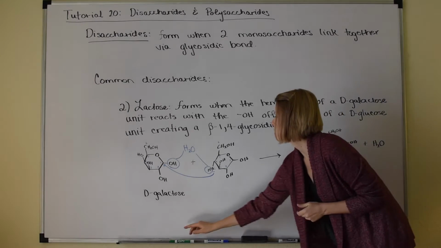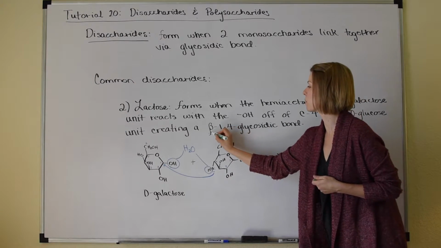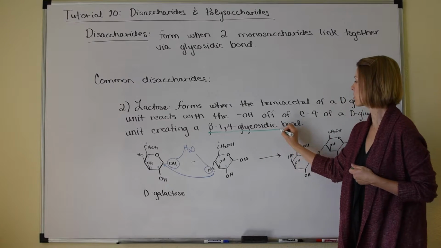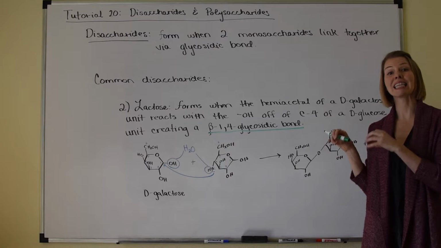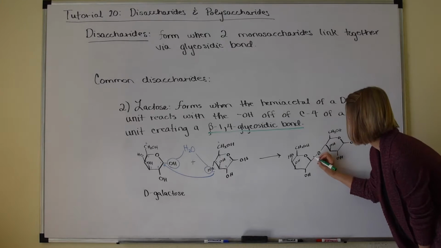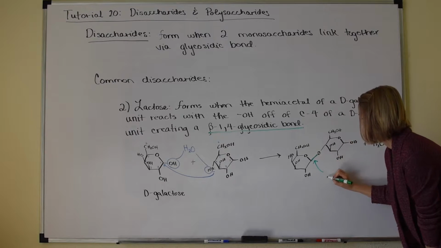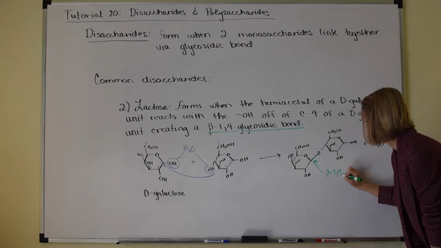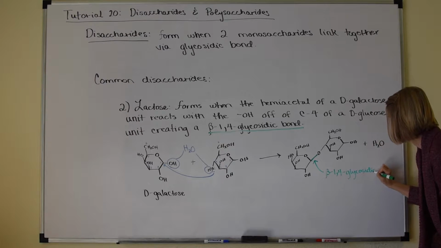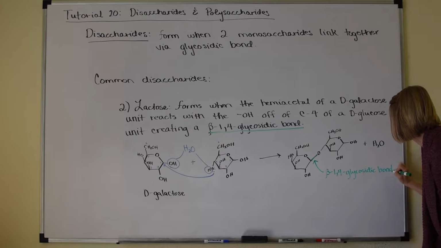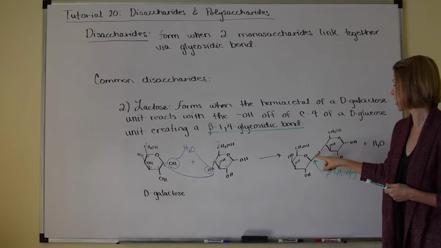So let's go to the green and make sure that everyone can see our new beta 1,4 glycosidic bond present in the disaccharide lactose. I'm going to highlight it here. This is our beta 1,4 glycosidic bond. And again, it's beta because the orientation is up.